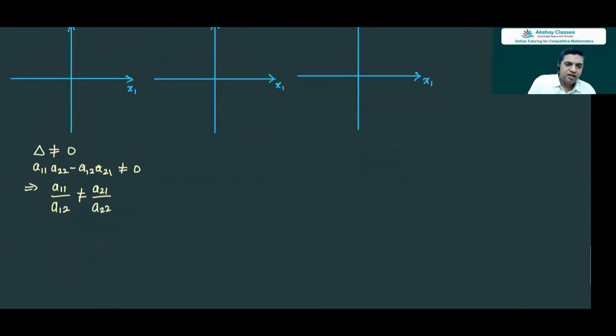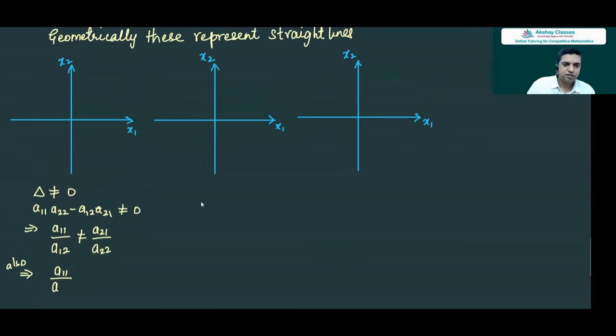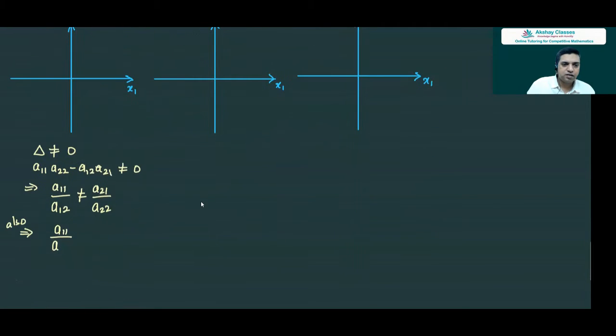You can show that this also implies a11 by a, yeah, these are slopes only. a11 by a21 and a12 by a22, both are same. These represent proportionality of coefficients, and this represents slope. If you apply minus sign, it is slope.